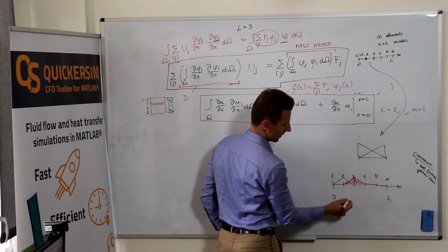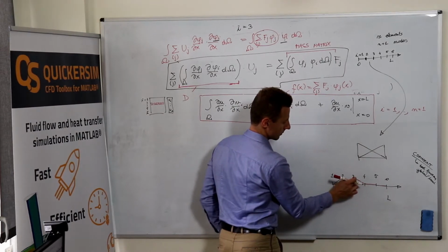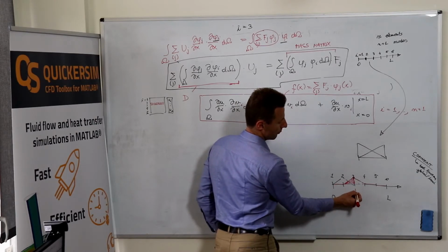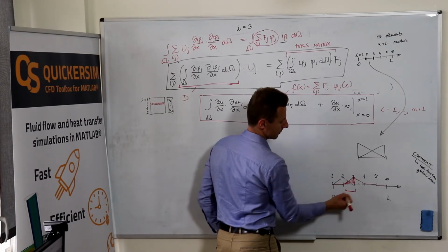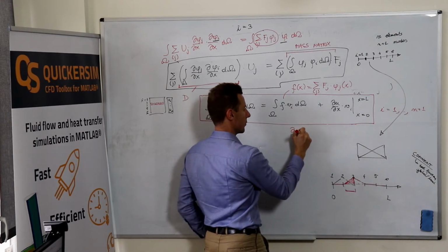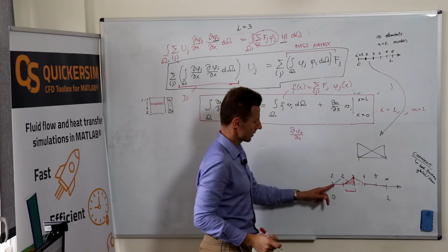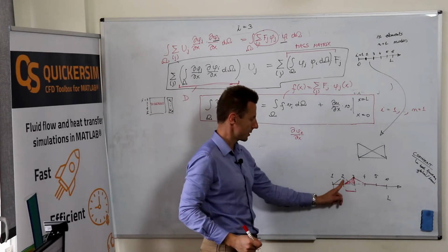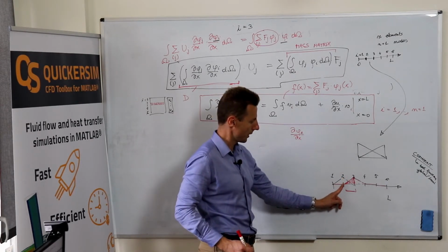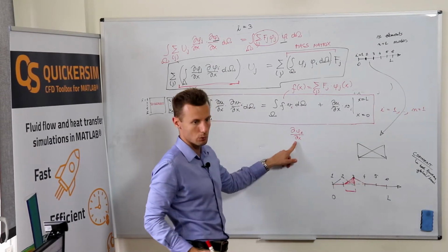If we consider this finite element, what would be d phi 2 with respect to x? So you see this shape function which has got nodal value of 1 here and dropping to 0 here. What is it?